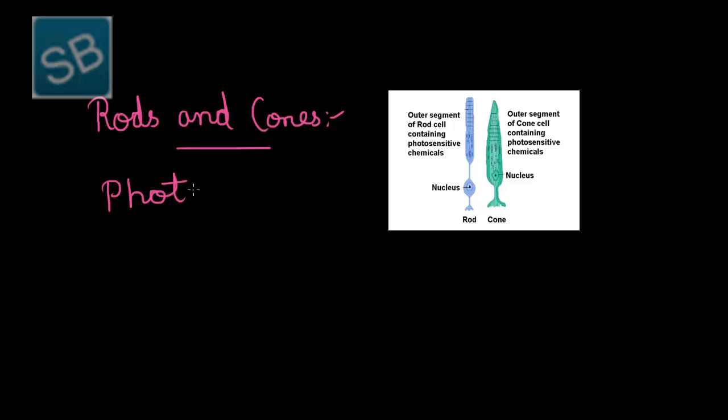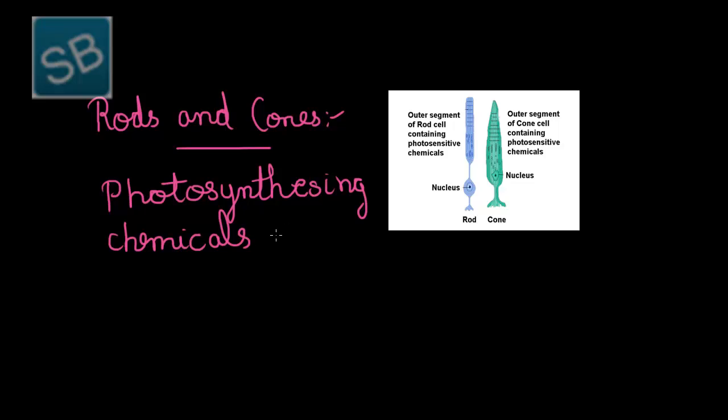Now, these photoreceptor cells, that is rods and cones, comprise photosensitive chemicals, which are sensitive to light.